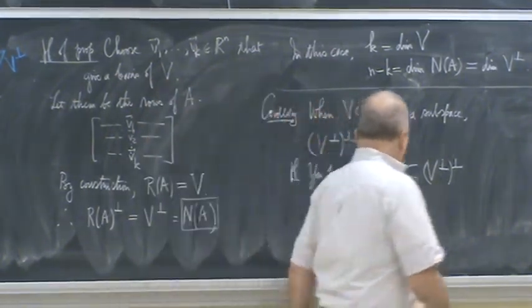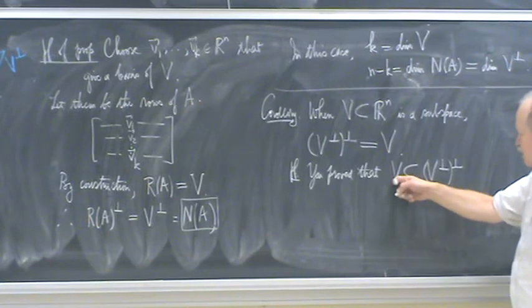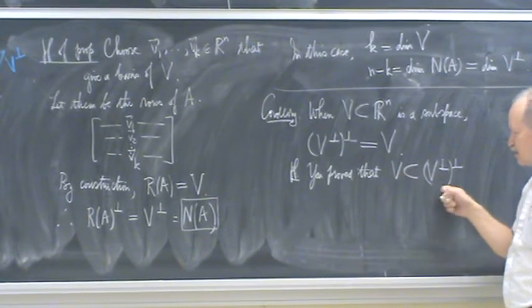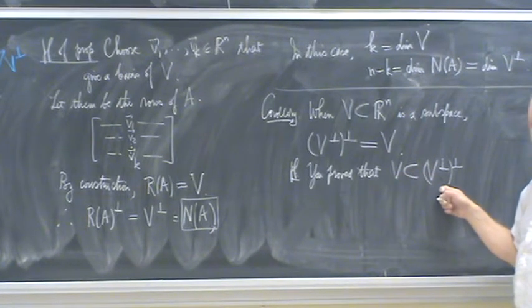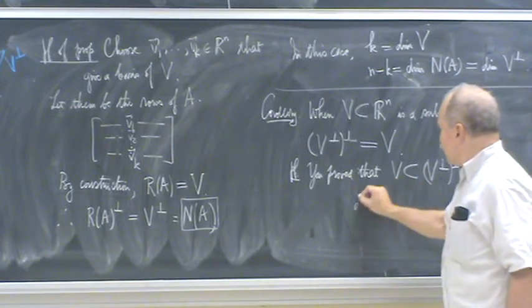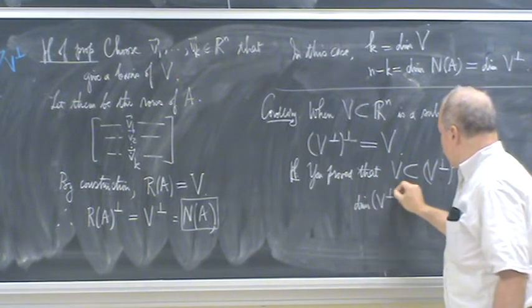But now, why are we done? If you have two subspaces, their dimensions are... So what's the dimension of V perp perp?